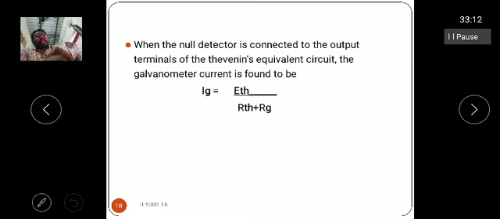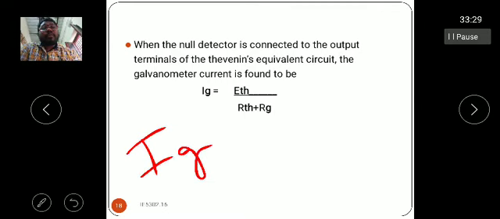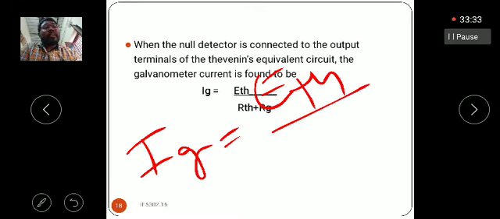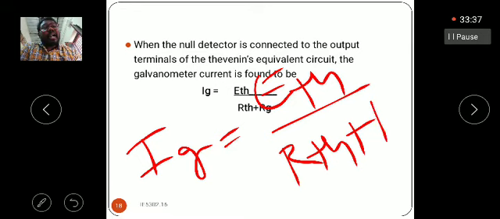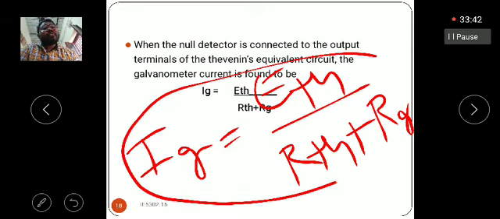The total current passing through the galvanometer is the ratio of the Thevenin's voltage VTH divided by the Thevenin's resistance RTH plus the galvanometer resistance Rg. That is the current passed through the galvanometer.